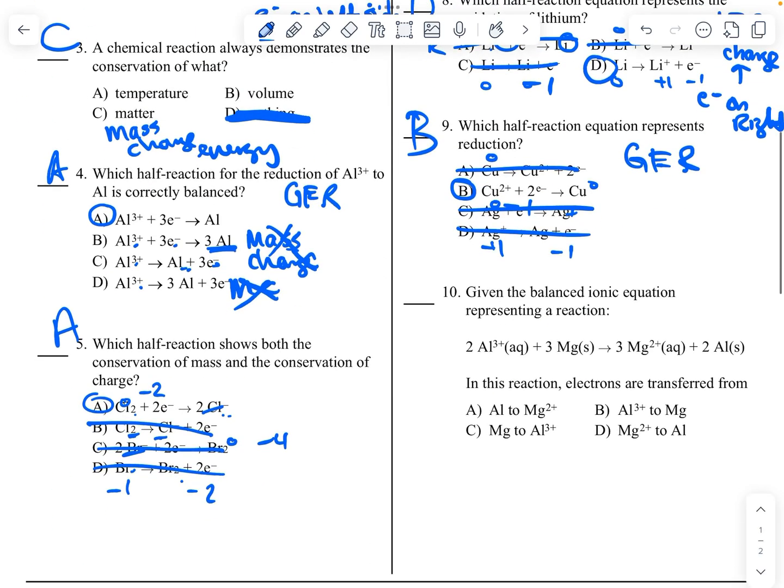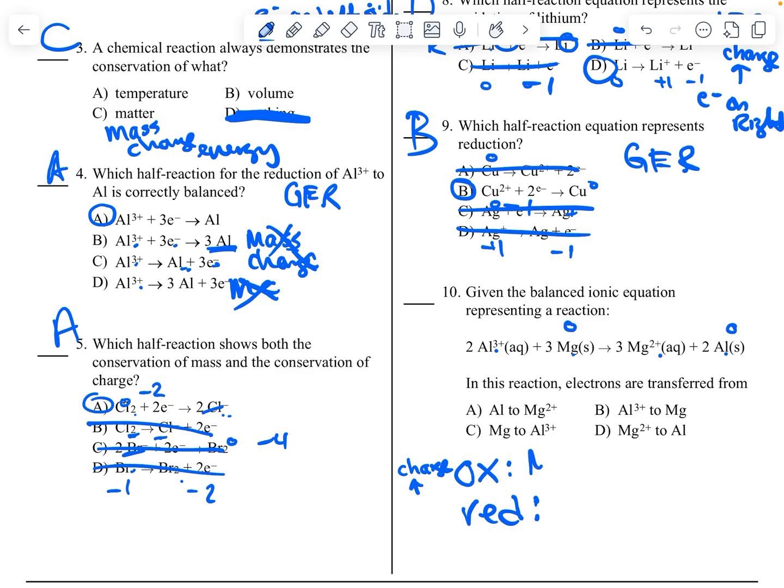Sorry. Given the balanced ionic equation, where are electrons transferred? Okay, so remember, if there's no charge written, it's a 0. So we need to see who is losing, who is gaining. So who is losing electrons? And when you lose electrons, your charge goes up. +3 to a 0, and that's not going up. That's going down. Mg.